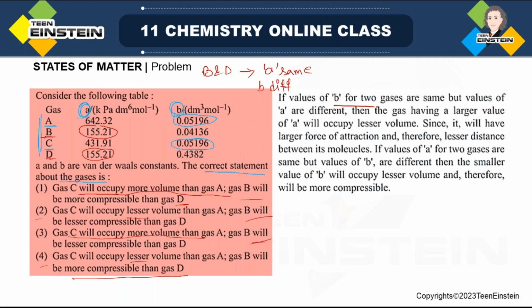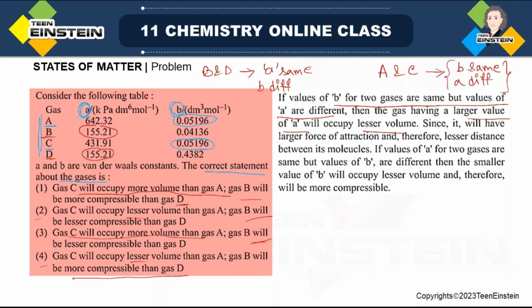If the value of b for two gases is the same but the values of a are different, as in A and C, then the gas having the larger value of a will have lesser volume.